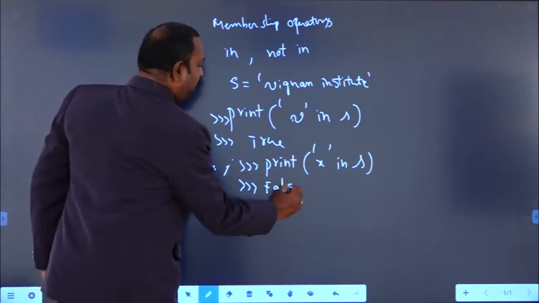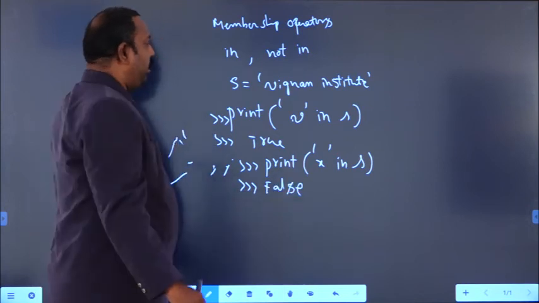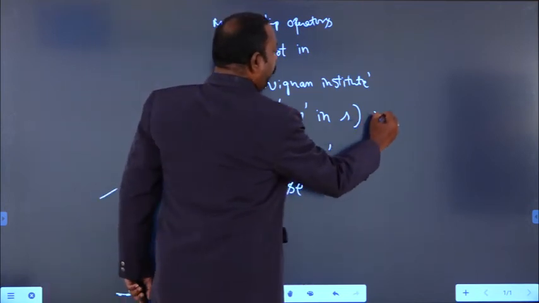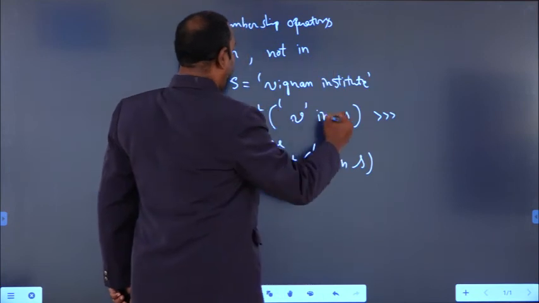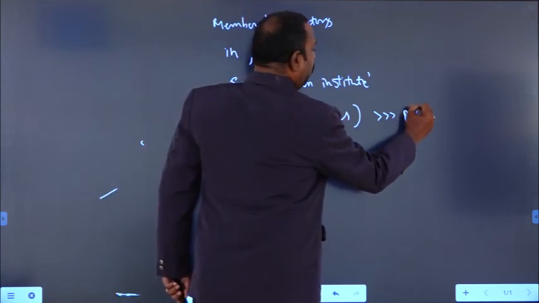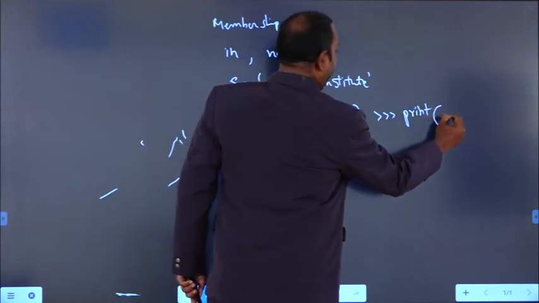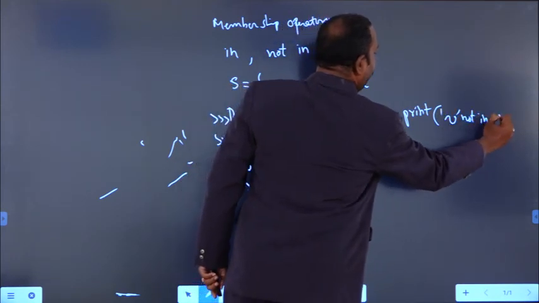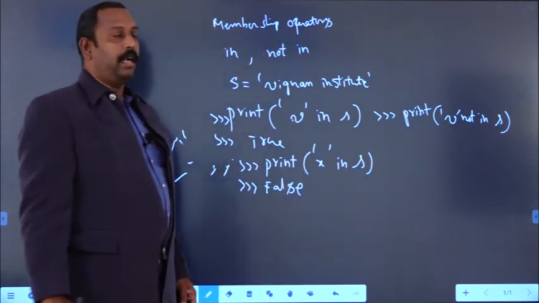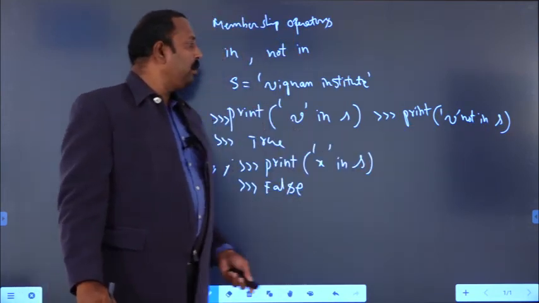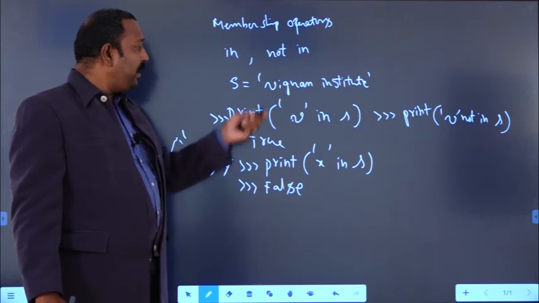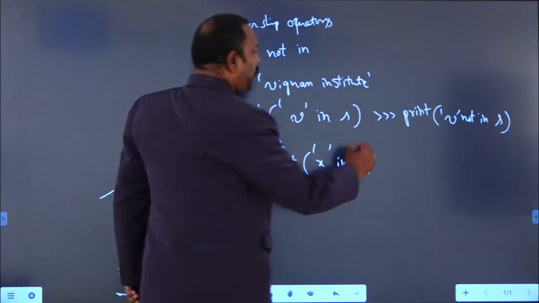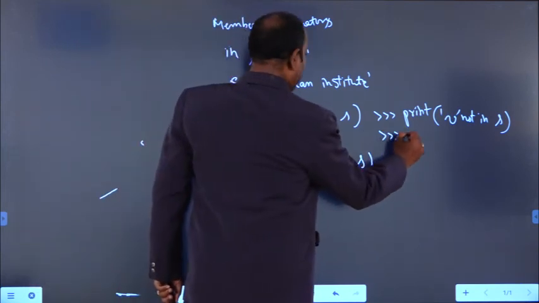Similarly, suppose I am using the not in operator. Print V not in S. That means the character V is not in S, but it is available in S. That's why you will get the output false.